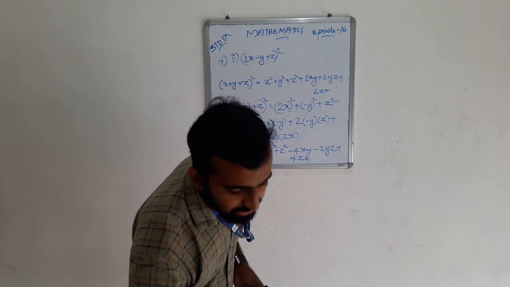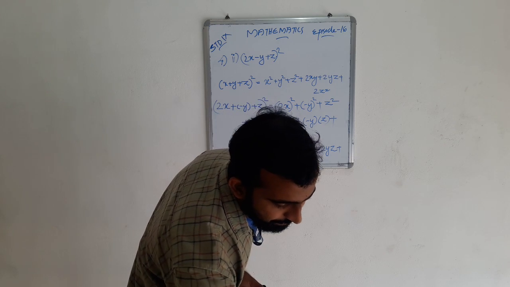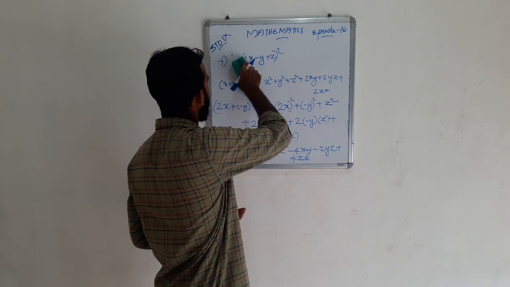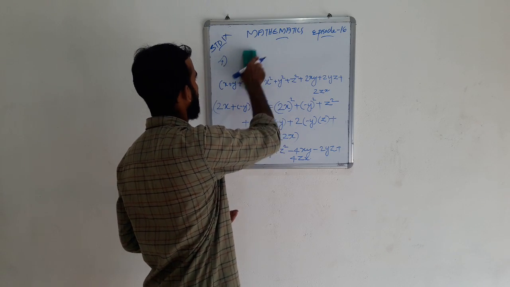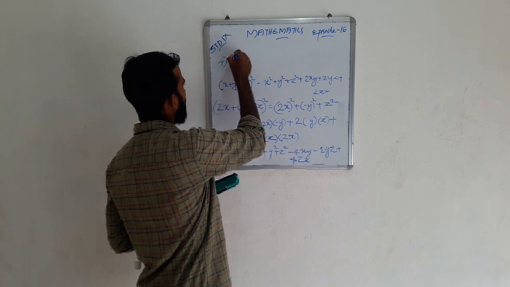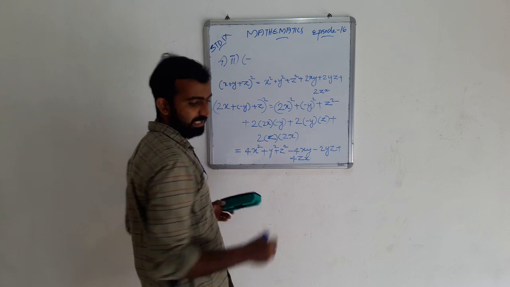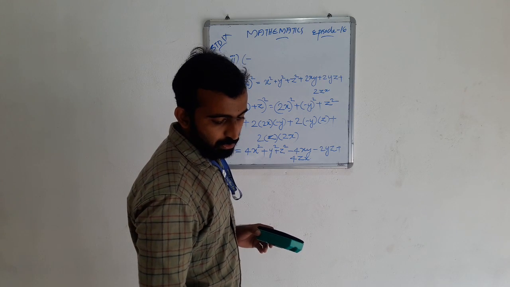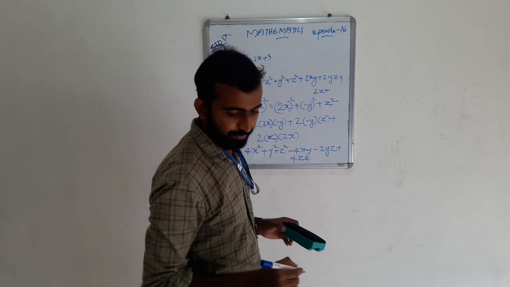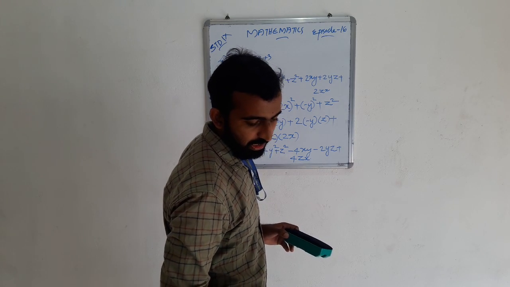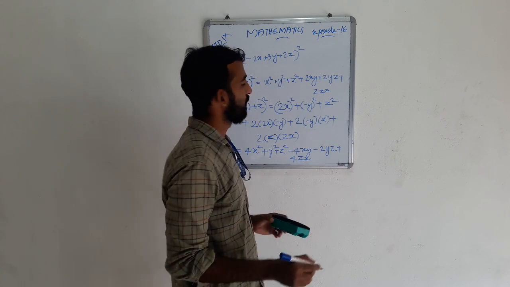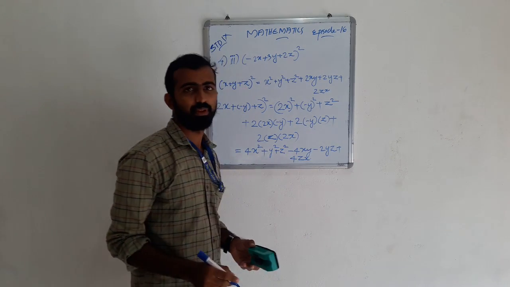And third one, what is our third one? Third question is negative 2x plus 3y plus 2z the whole square.